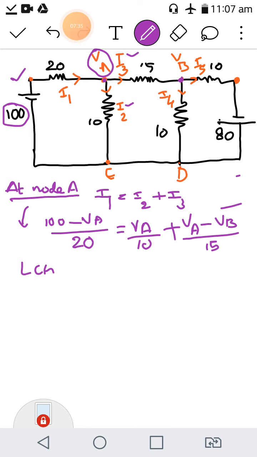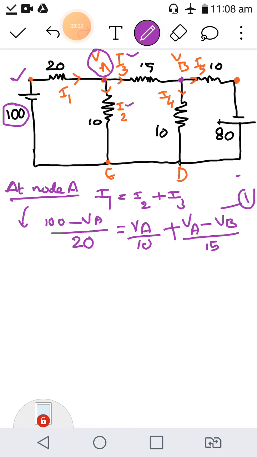I think you will get 300 as the LCM, and then reduce this expression, take the LCM and reduce it, that you can solve, right? Okay, so you get an expression after simplifying this. Let me call this equation number 1.